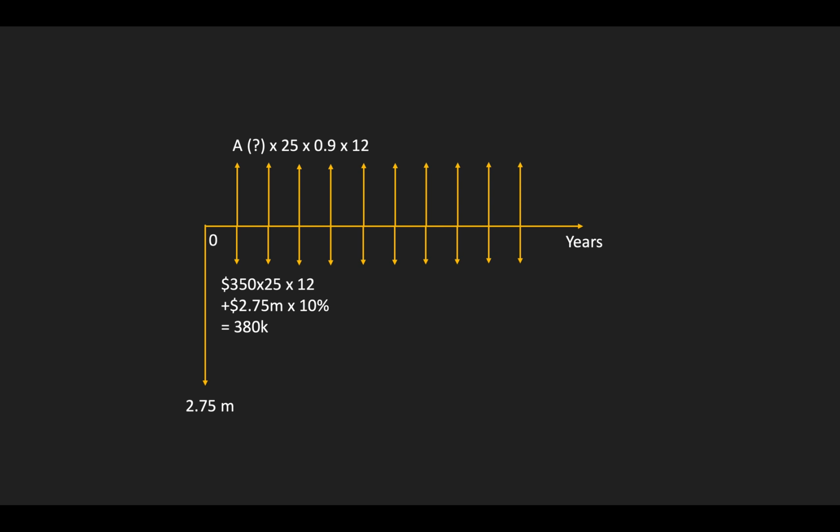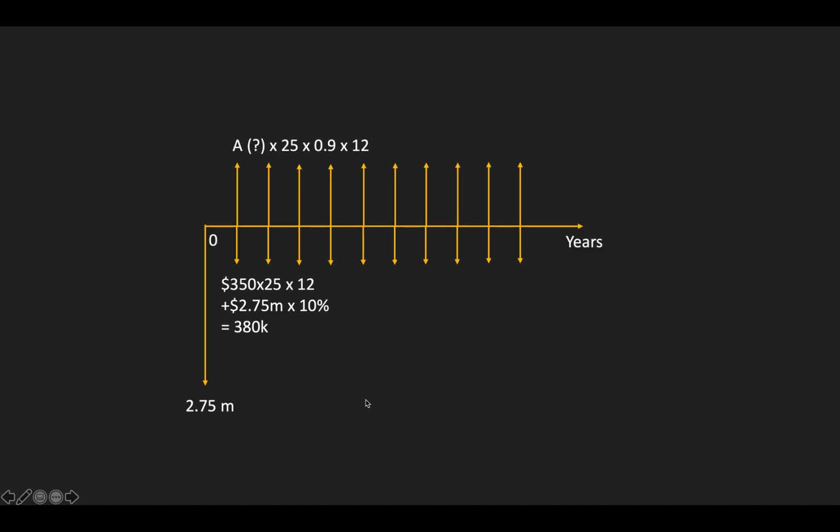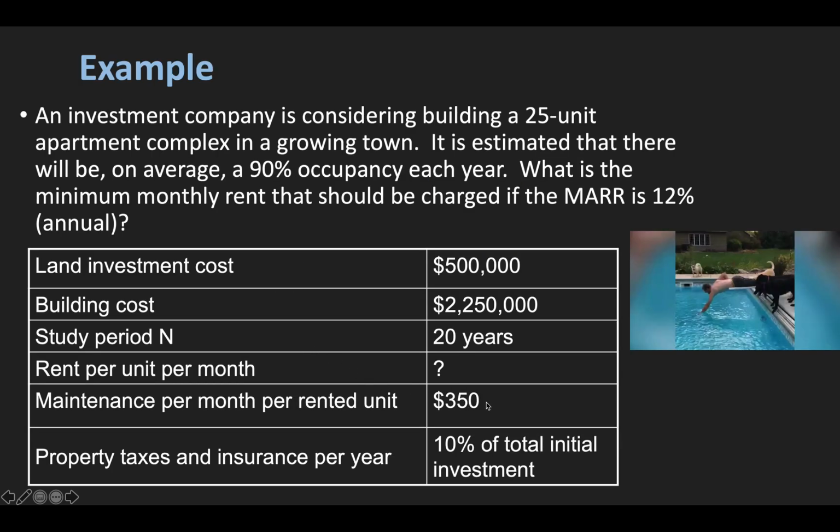Then we need to pay for each year, we have some costs as well. One part is the property tax, which is 10% multiplied by the initial cost, so 2.75 million multiplied by 10%. Then there's also another cost, which is the maintenance per month per rented unit, $350, right? And remember that's per month, so we need to multiply by 12.